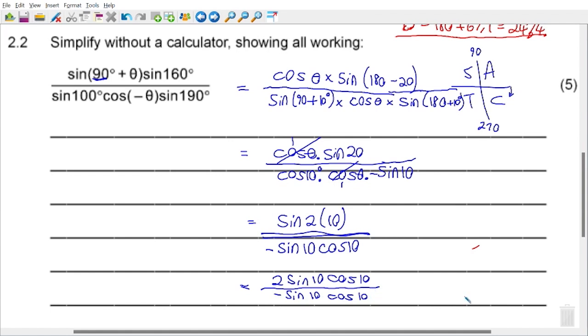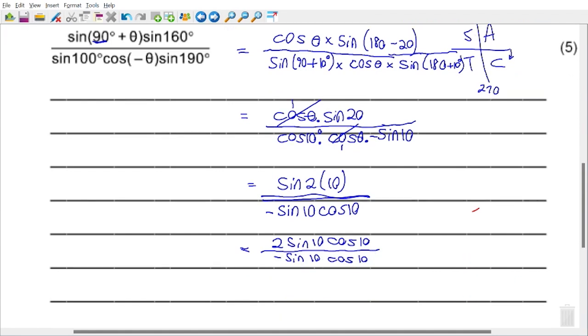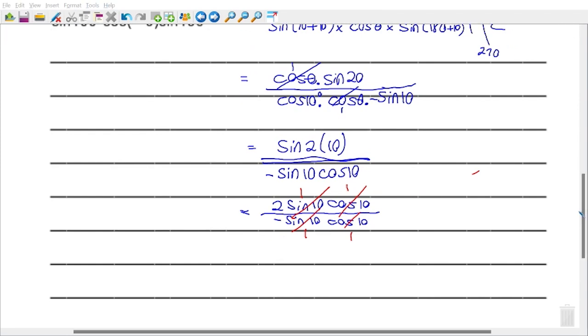I'm going to divide the numerator and the denominator by sine of 10. Notice I don't know what sine of 10 is, but it doesn't matter because it's going to divide out. I can do exactly the same with cos of 10. So I get 2 times 1, which is 2 on the top, and on the bottom I've got negative 1. My final answer to this question, negative 2.